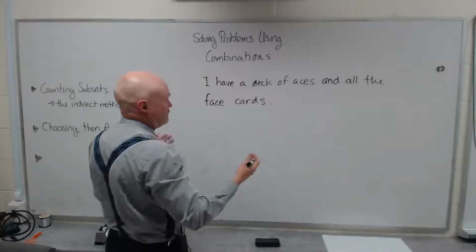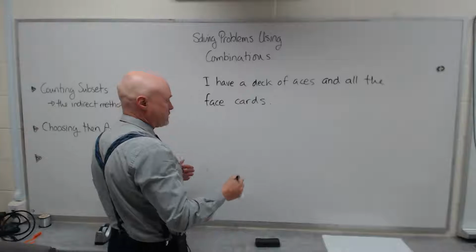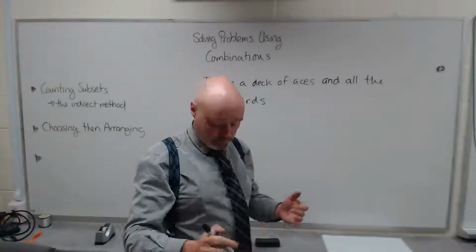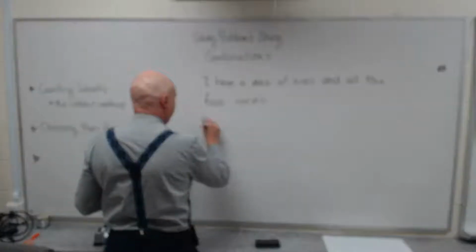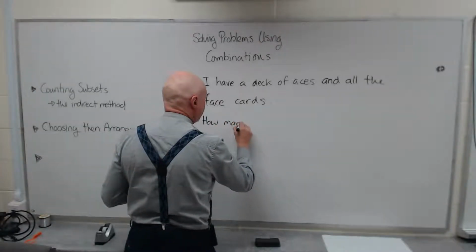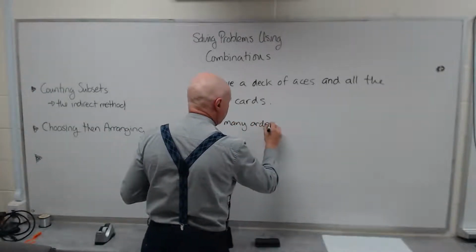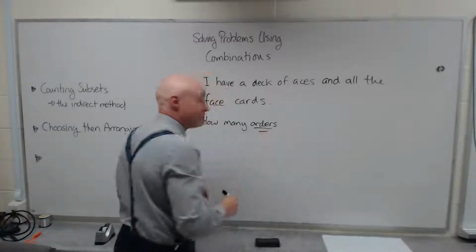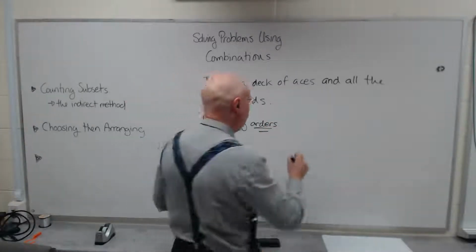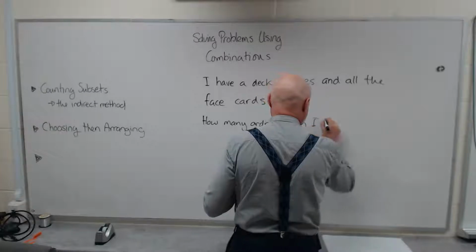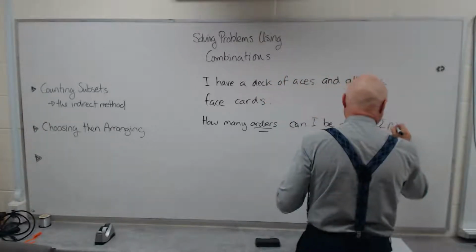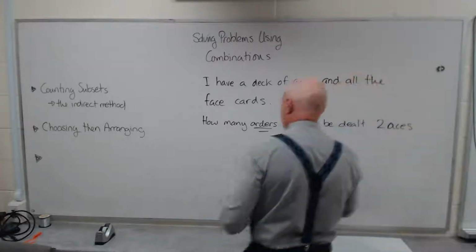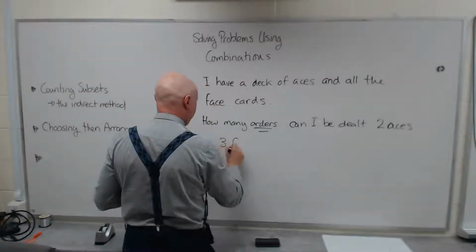So we've got 4 aces and all the face cards. There are 12 face cards altogether. So how many orders, and this is going to involve permutations eventually, can I be dealt 2 aces and 3 faces?